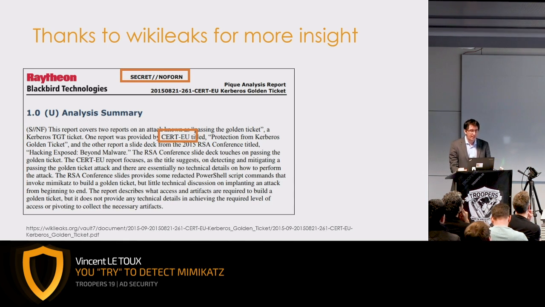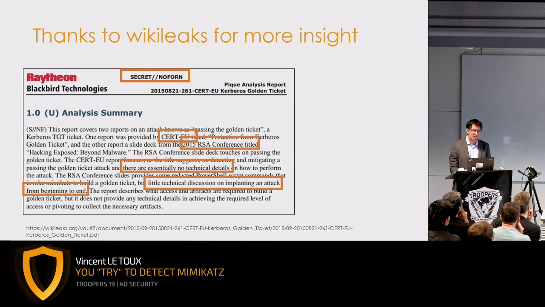So what the company has done, it has looked at the main information. So the CERT EU report, the RSA conference slides, and they explain that there is no technical detail. And there was little technical discussion on implementing this attack from beginning to end. It's very strange.